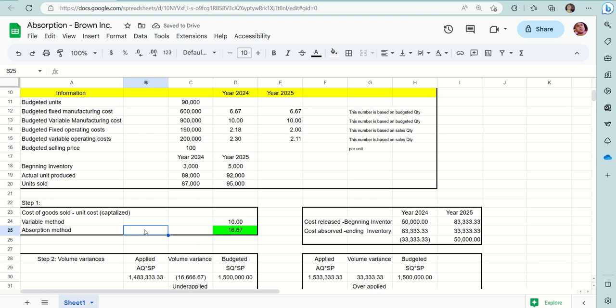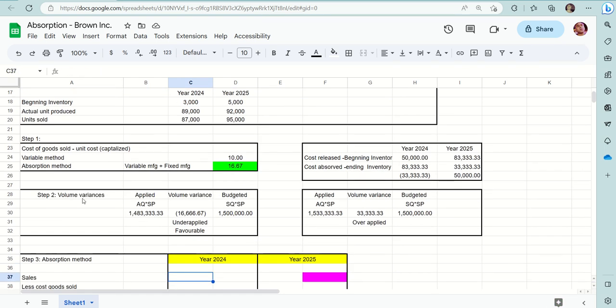So absorption costing takes the variable manufacturing costs and fixed manufacturing costs, the variable plus fixed, and that would give you $16.67.